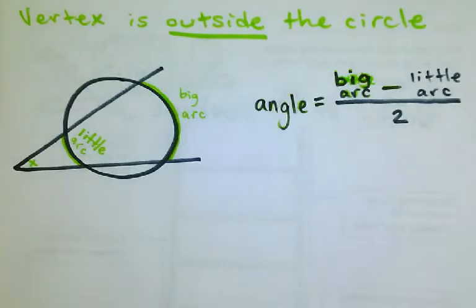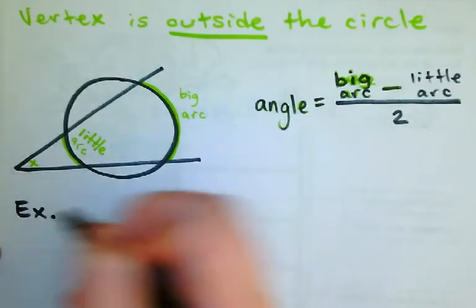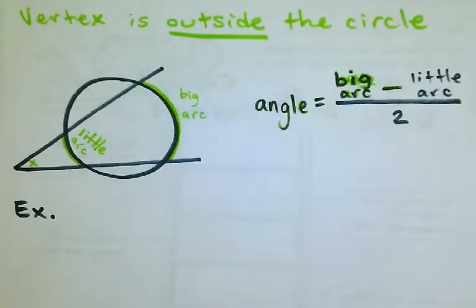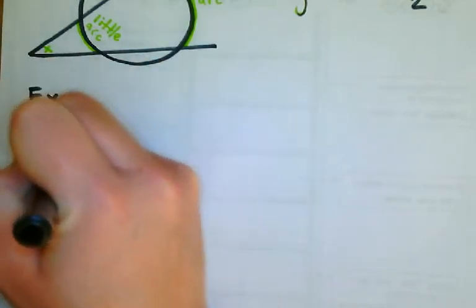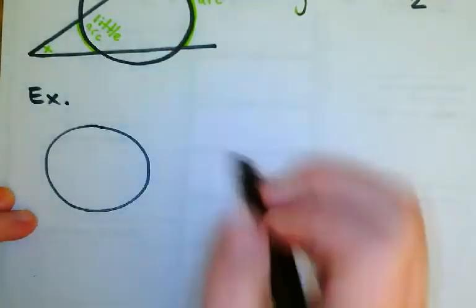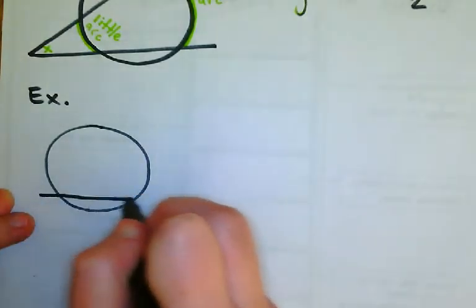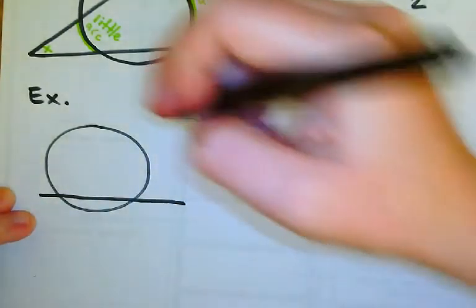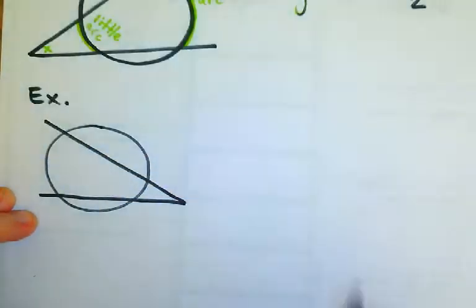We're going to do 3 examples here. Alright, so our first example, we're going to have something that looks like this.